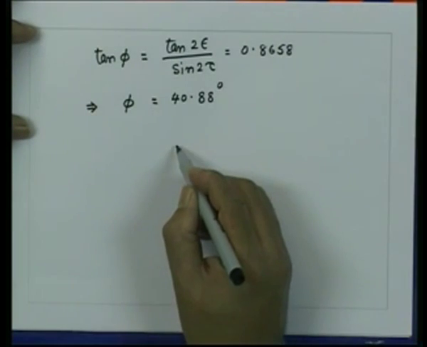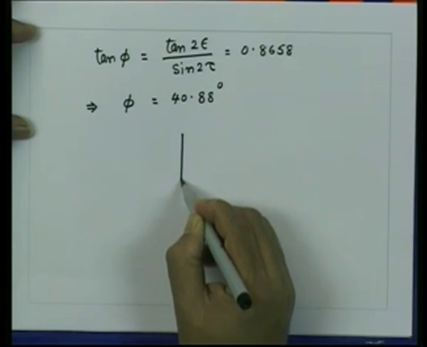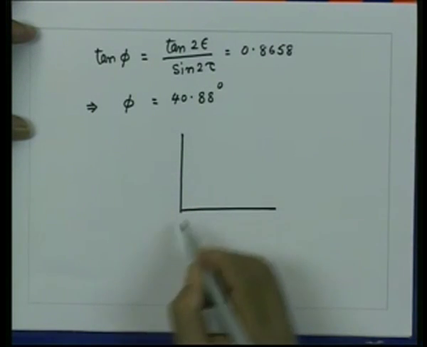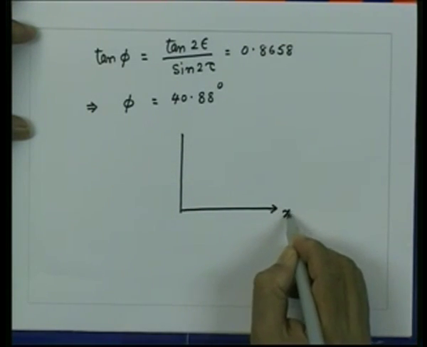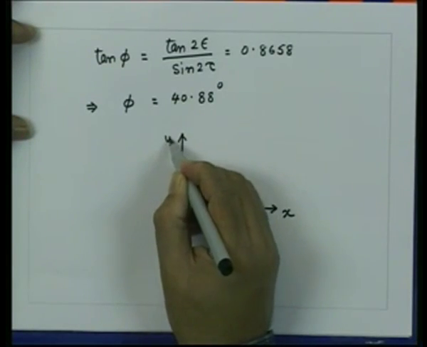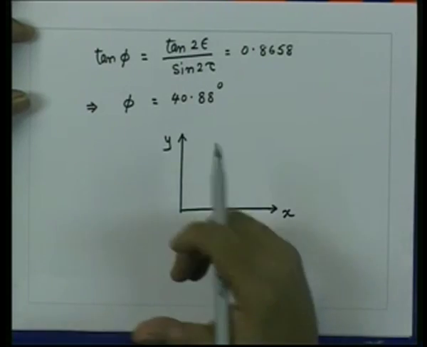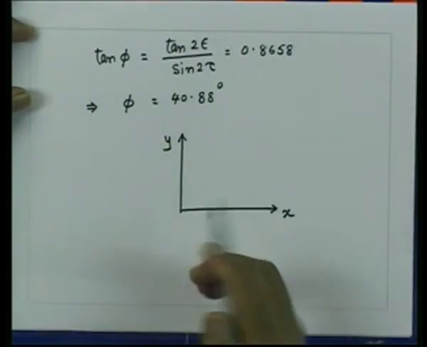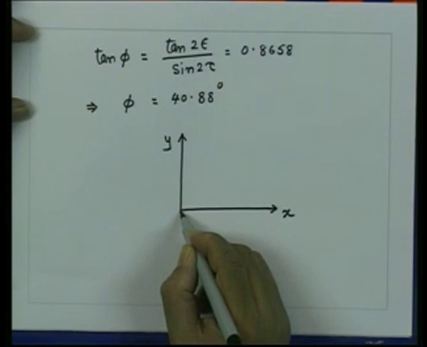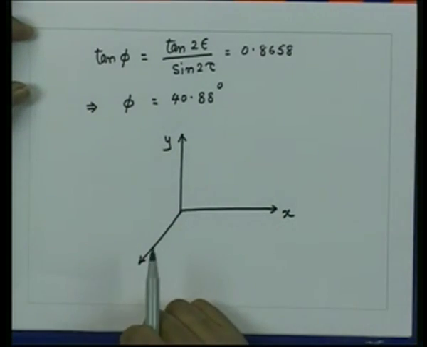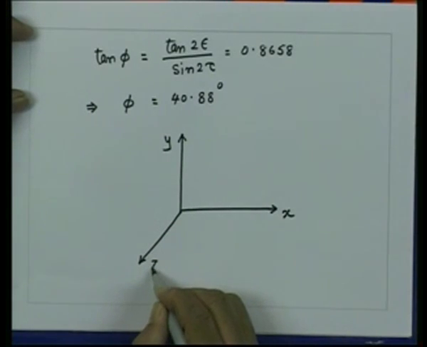So, what essentially we get now, if I take a coordinate system, let us say this is x, this is y, and now if I put my right hand rule, x to y, then z must come like this. So, this is the direction which is z.